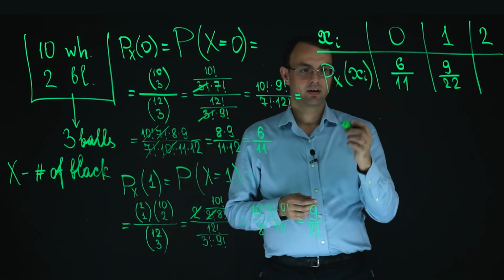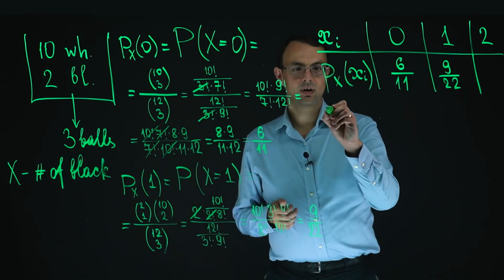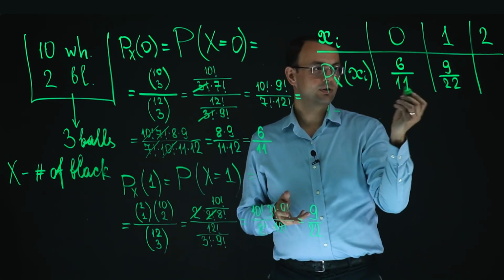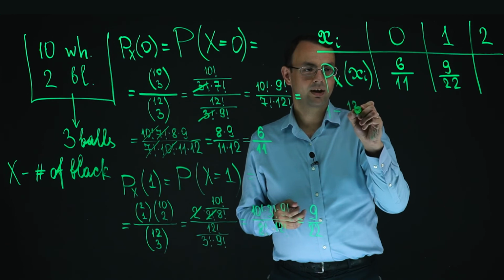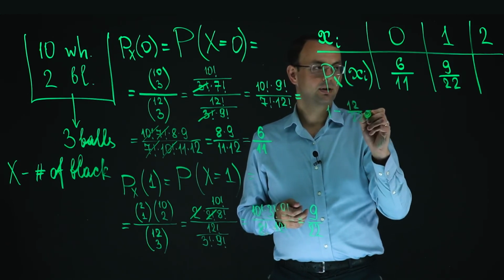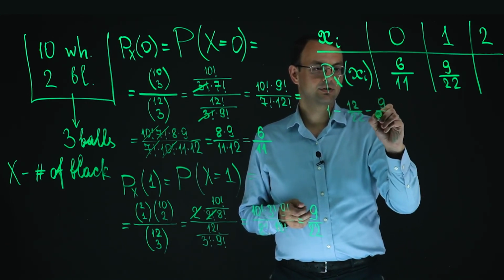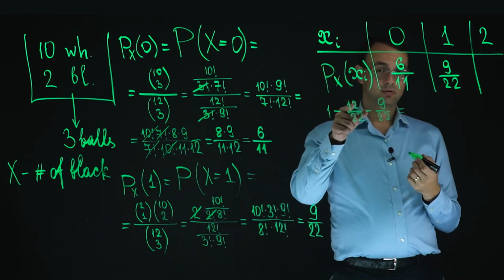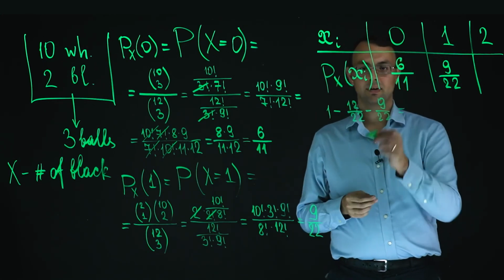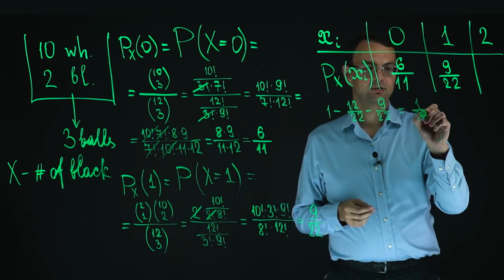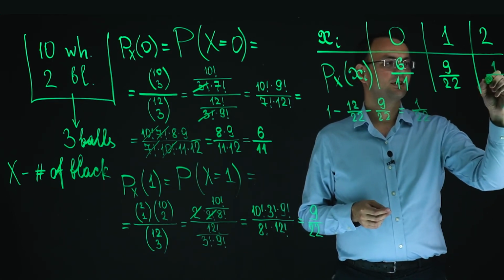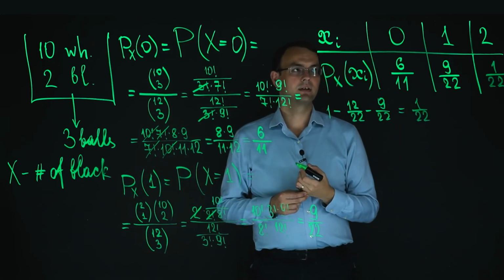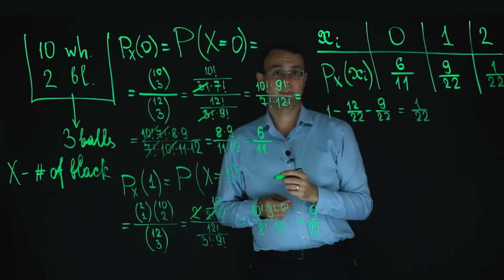So it is 1 minus 6 over 11, or I can say 12 over 22, minus 9 over 22. That is 22 minus 12 is 10, and minus 9 is 1. So 1 over 22. This is the probability of the third value.